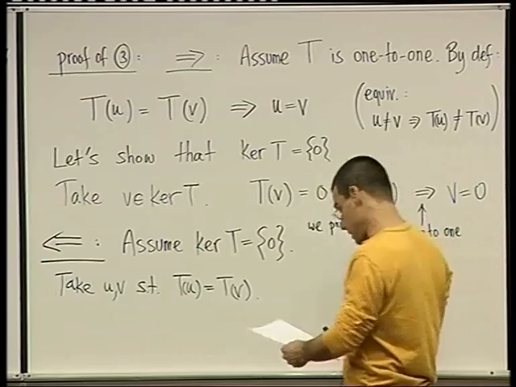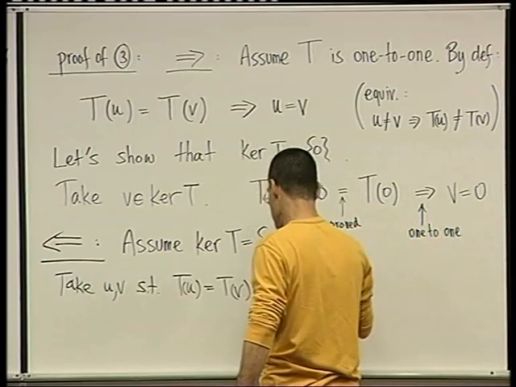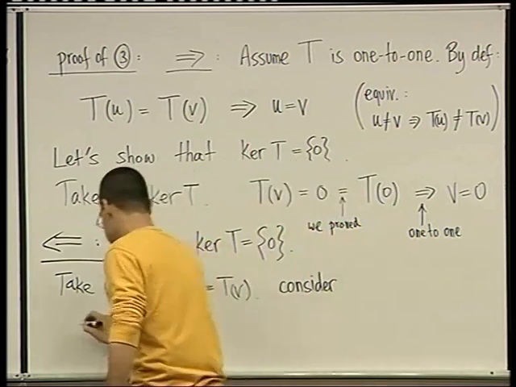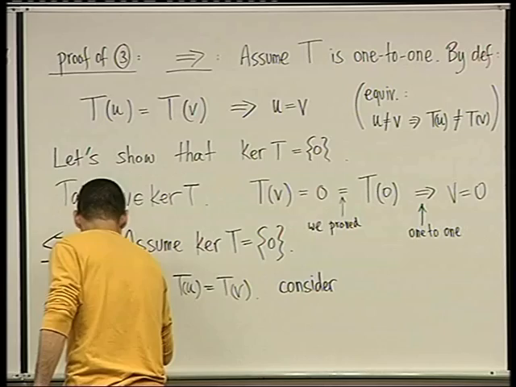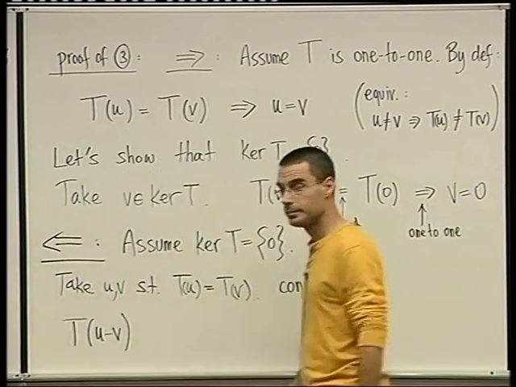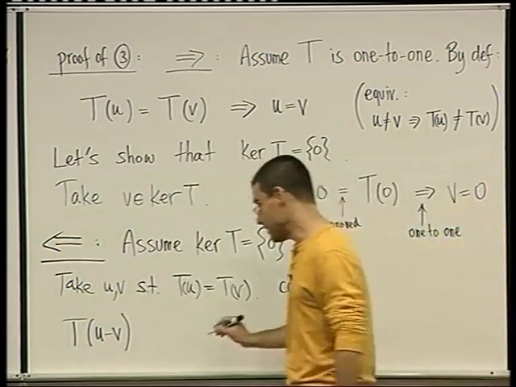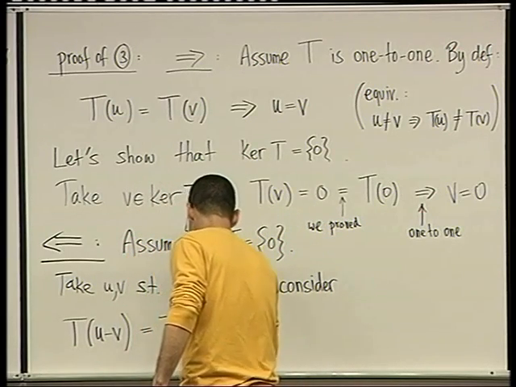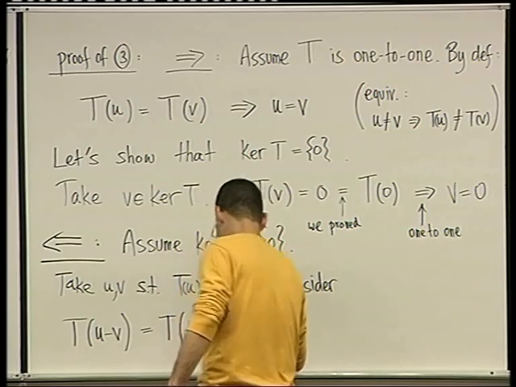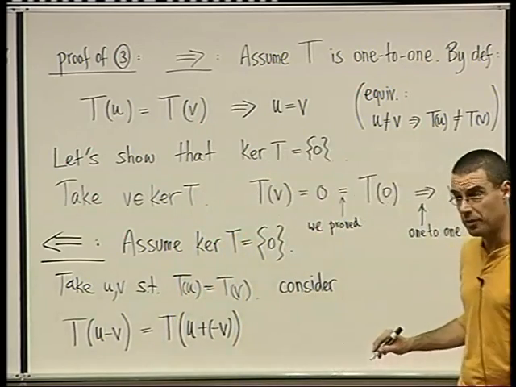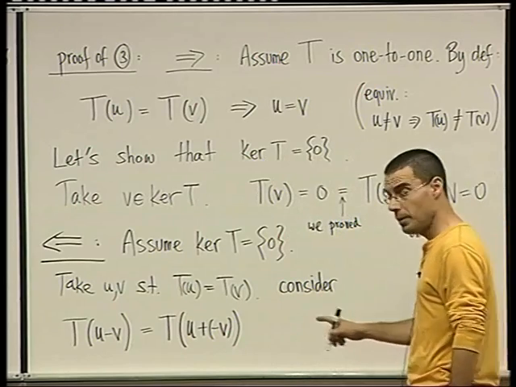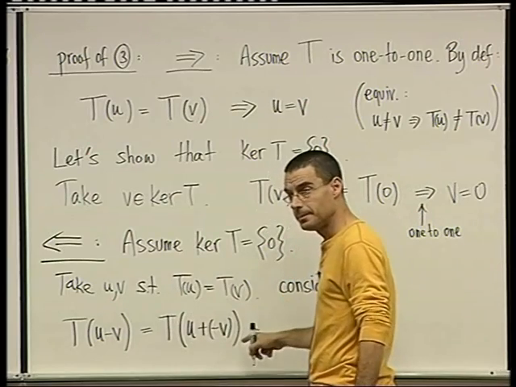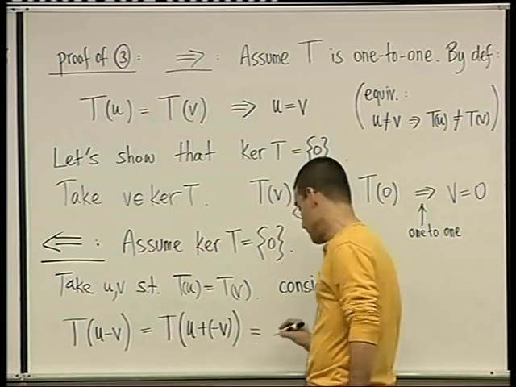Okay? So take T of U equals T of V, and let's consider T of U minus V. So what is U minus V? What is subtraction? This is T of U plus the inverse of V, the additive inverse. That's how we define U minus V, right? That's the same thing. Good? Now we're using linearity again. What is T of a sum? The sum of the T's.